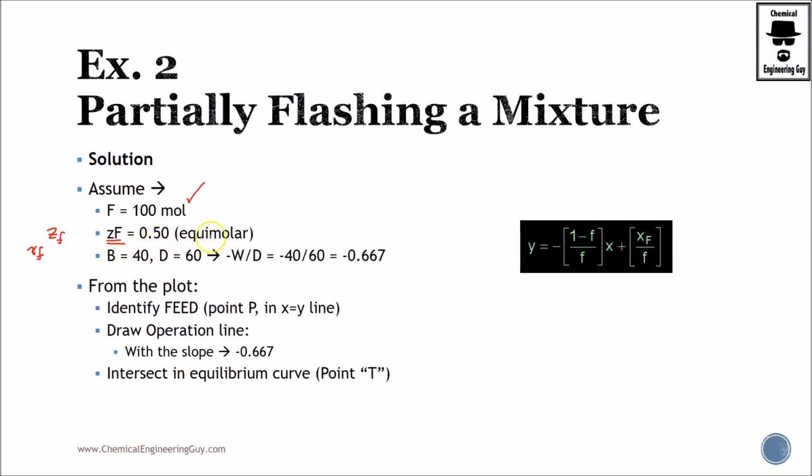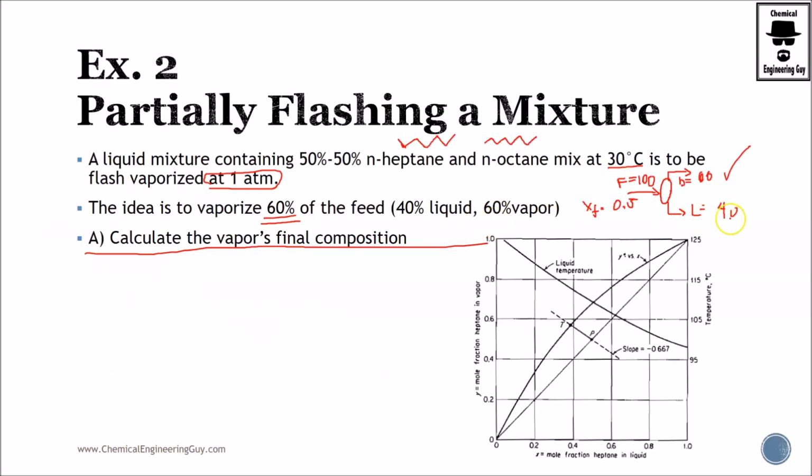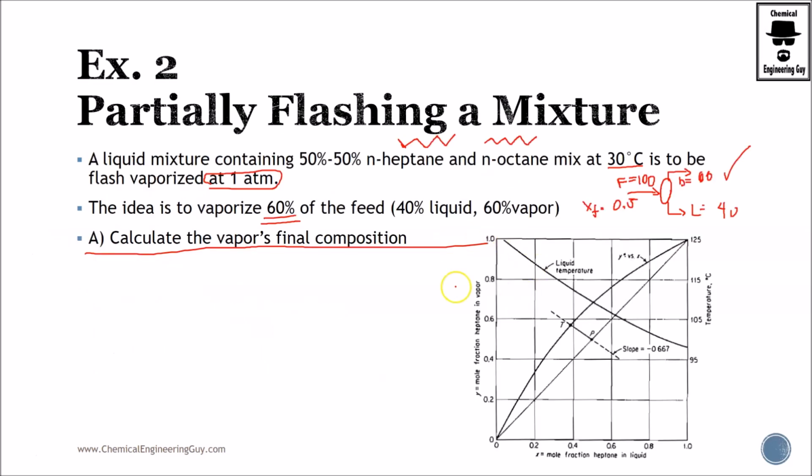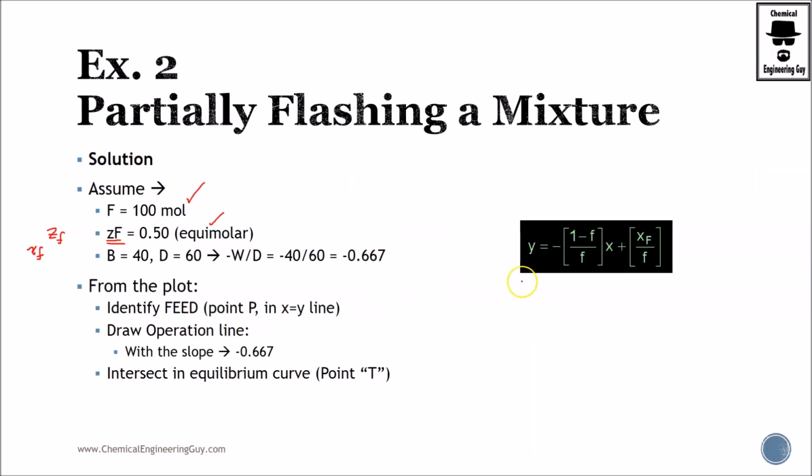And it is 0.5, because this is equimolar. And as stated before, the bottoms will be 40, the distillate will be 60. Now, right now, you don't know the compositions, you don't know F, so it's kind of hard to get this equation right here. We just know 0.5 here, but we don't know F.